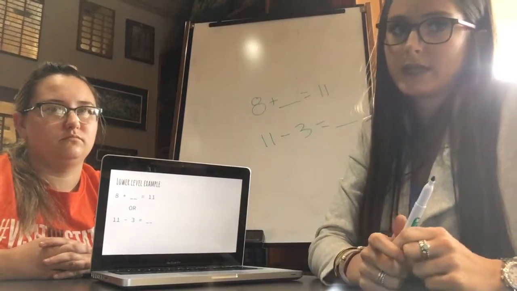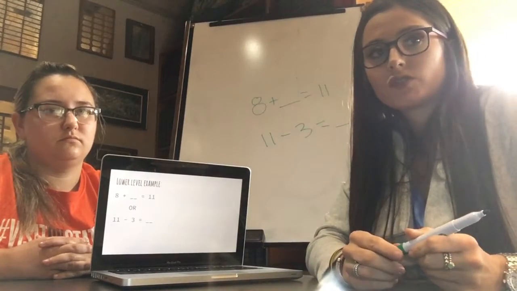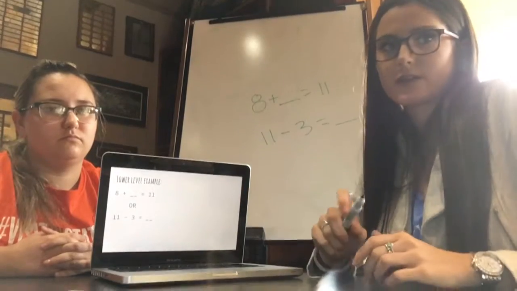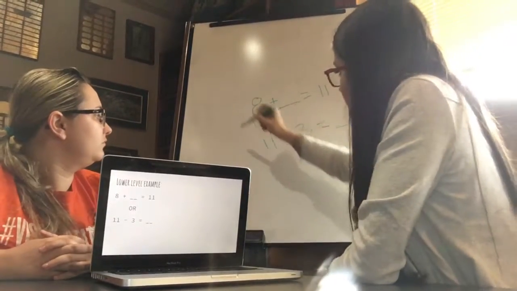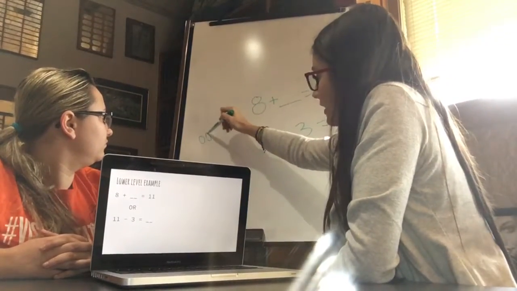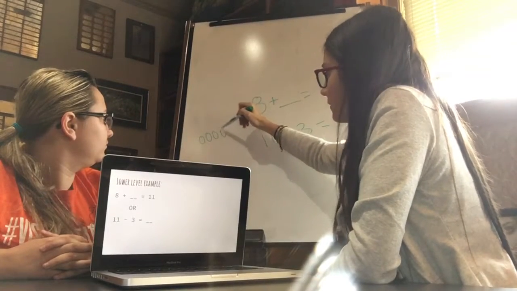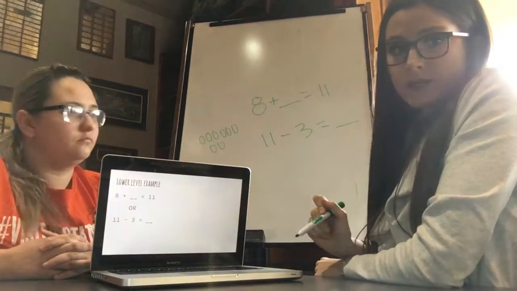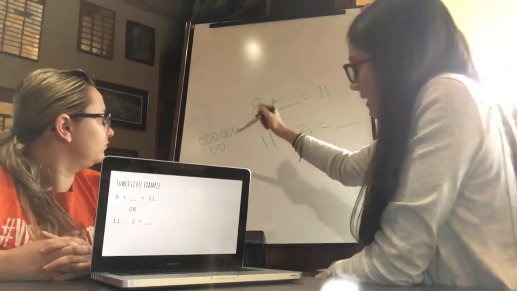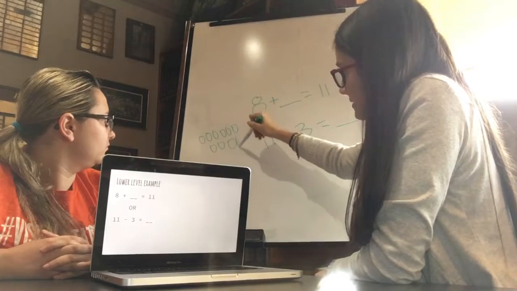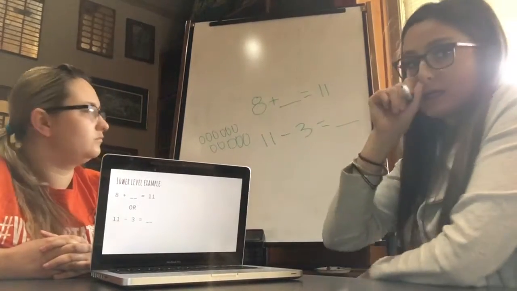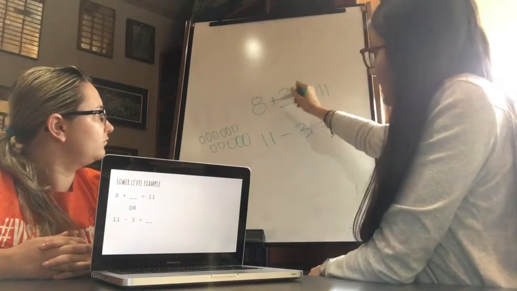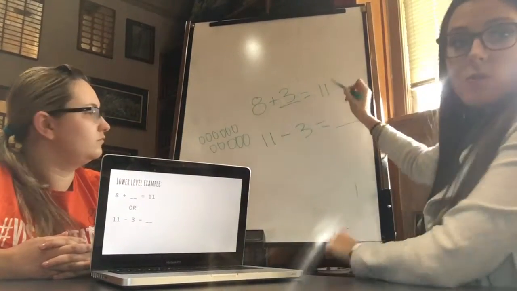Or 8 plus blank equals 11. And students should also realize that one side of the equal sign has to be equal to the other. So one way you can do this is you can draw 8 circles, so 1, 2, 3, 4, 5, 6, 7, 8. And so we know that we need 11. So we already have 8. So 9, 10, 11. We added 3 circles to get to 11. So here we would write 3. So 8 plus 3 equals 11.